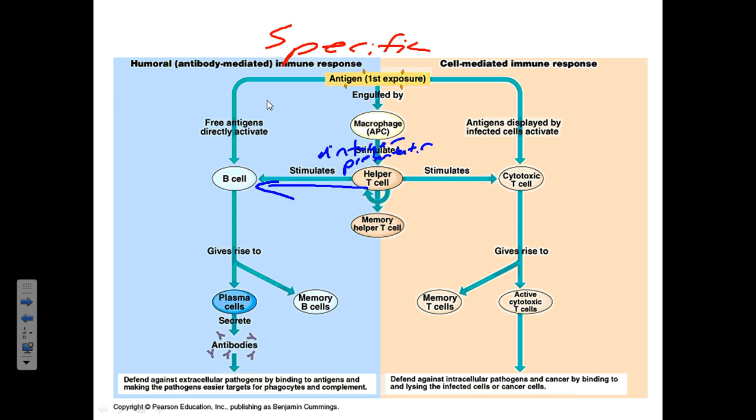One of them is it tells these cells called B cells what that germ looks like. And the B cells eventually turn into what are called plasma cells. And they start chugging out antibodies. What's an antibody? What do antibodies help you do?